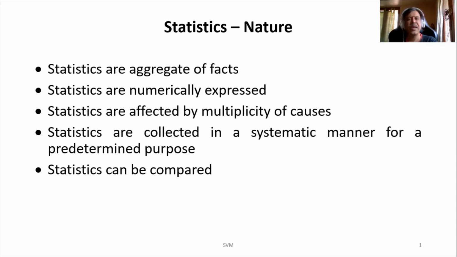Statistics can be compared, meaning the data whatever you have can be compared. You should be able to compare two different data or two different populations, or more than two. Even for a single company you can compare two different financial years. So these are all about the nature of statistics.